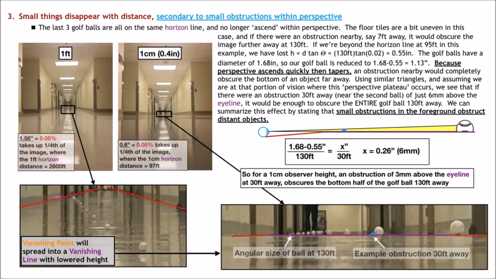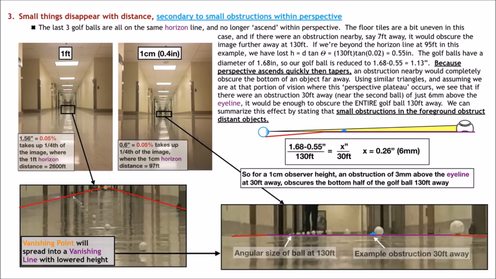Keep in mind too from our formula before that for the 1 foot observer height, knowing that 0.05% is taken up within the lower 1/4 of vision, only 1.56 inches is going to be within that lower 1/4 of the visual field. And when we lowered our height down to 1 centimeter, again, 0.6 inches takes up 1/4 of the image.